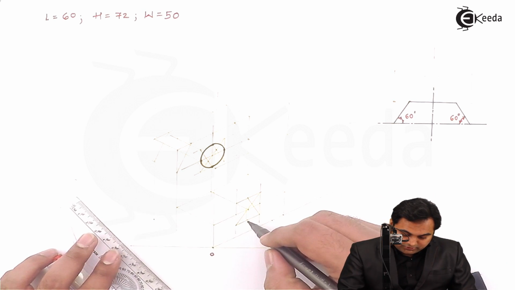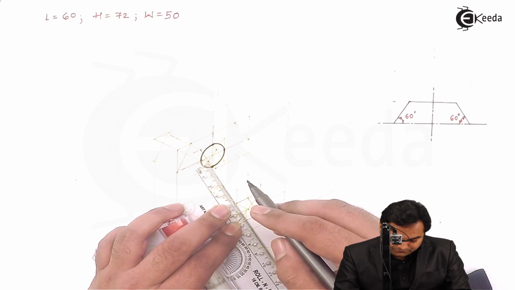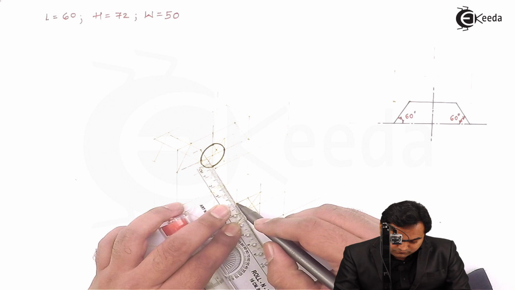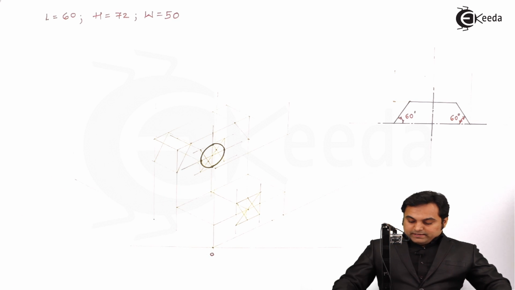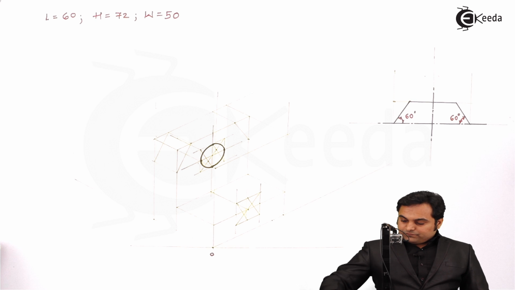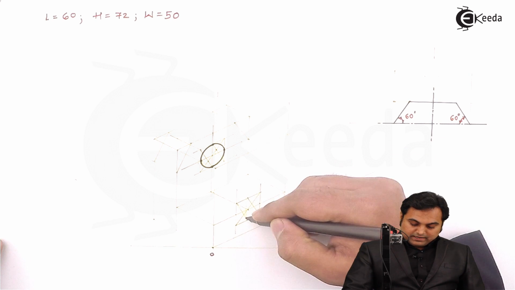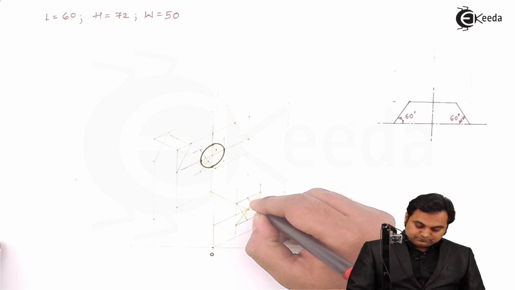And the bottom midpoint to the top opposite corner. And now, where these 2 lines are cutting the longer diagonal, I am getting the 2 centers here.